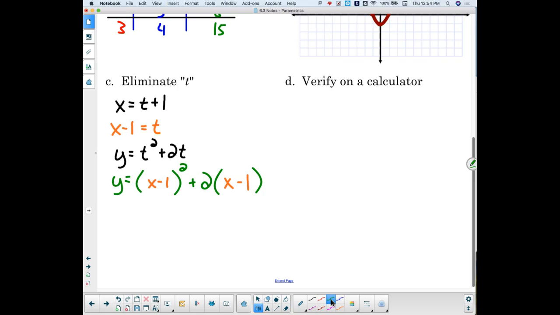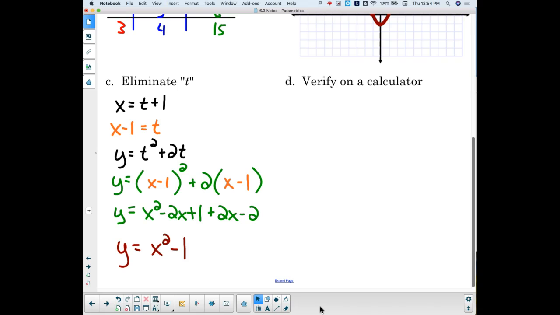X minus 1 quantity squared is x squared minus 2x plus 1, plus 2x minus 2. So I get y is equal to x squared minus 1, which is an upward opening parabola shifted down 1.